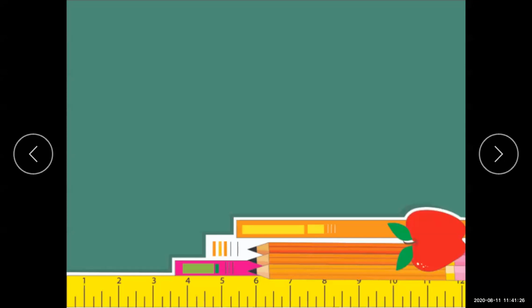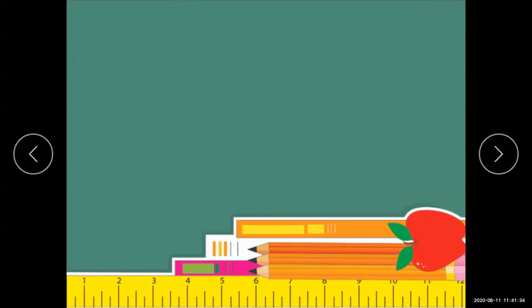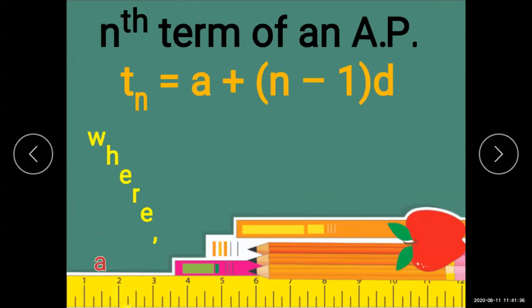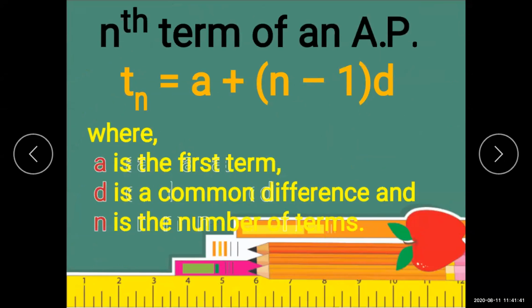Yes, Tn, correct. Tn is equal to a plus (n minus 1)d. This is the nth term of an AP. Suppose we want to find the nth term of an AP, we are going to use Tn.